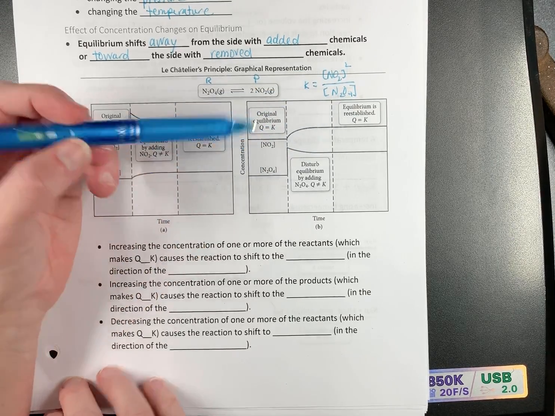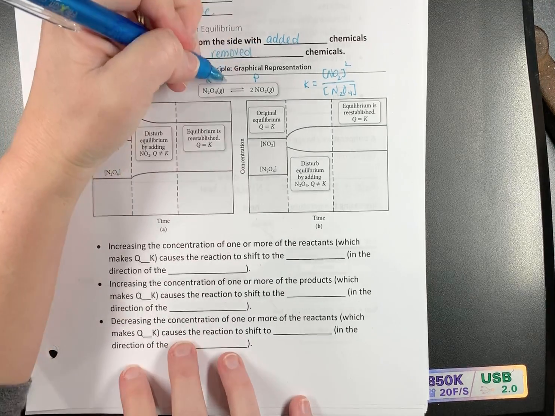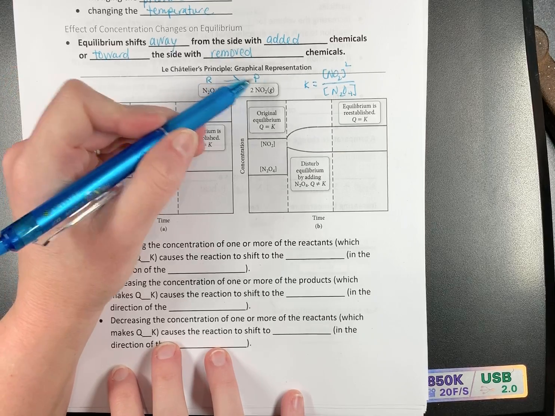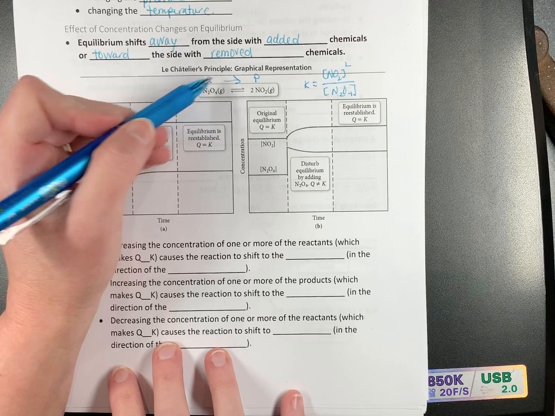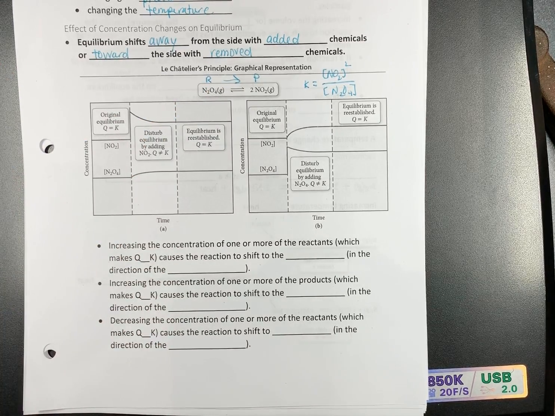It's going to get smaller. Okay, so when Q is less than K, the reaction goes forward. So if you want to think about your reaction, write your equation. We add more reactants. Well, hello, it's going to get more products. If we add more products, it's going to go back to reactants. So that's how I kind of think about it analytically rather than spatially.